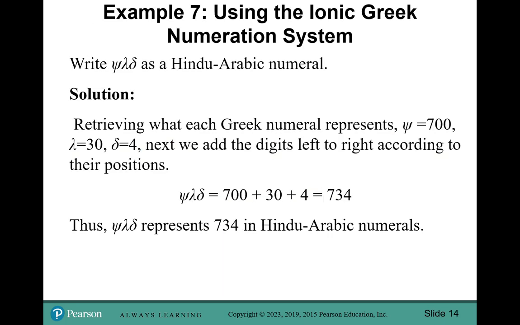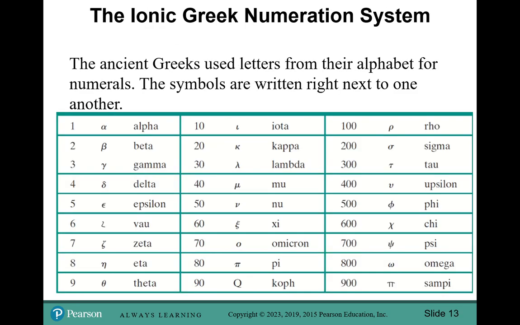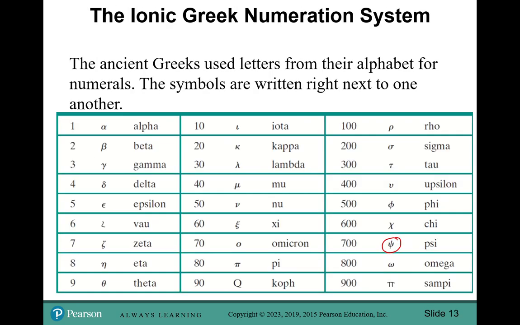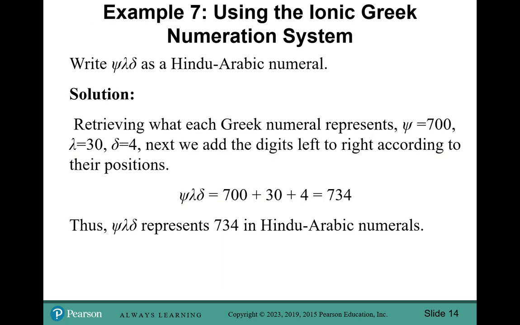We want to write, given these symbols here, which you can refer back to the chart. That W-looking symbol, as we can tell using our chart, is the psi. The lambda symbol here represents our 30. So we've got a representation of 730 so far.